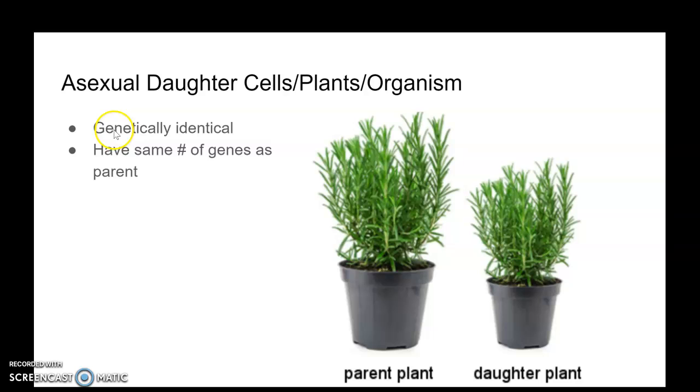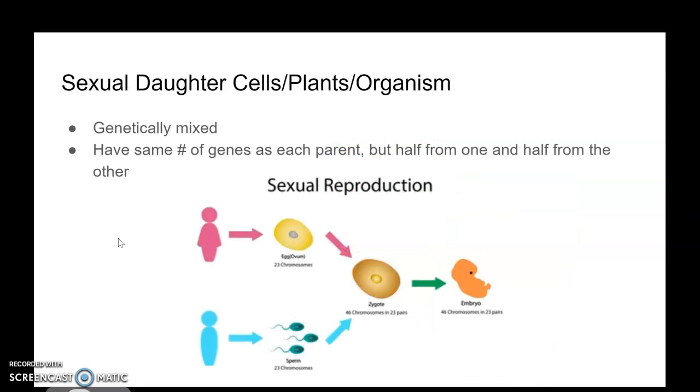So a daughter plant for this parent plant, and then we obviously refer to parents as parents, is going to be genetically identical and have the same number of genes as the parent. As opposed to a sexual daughter cell or plant or organism, then that will have genetically mixed variation from its parents.